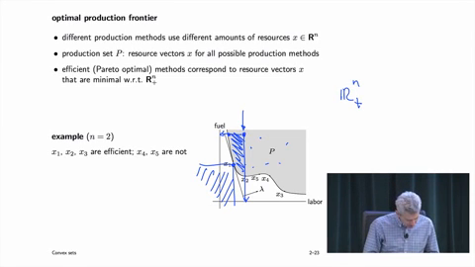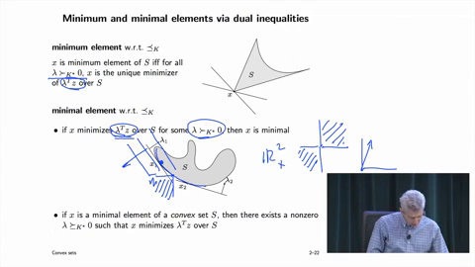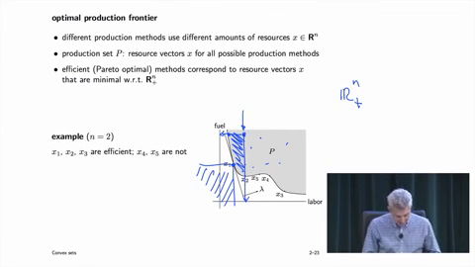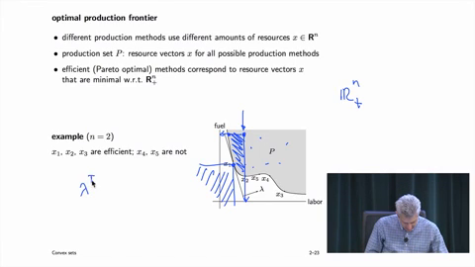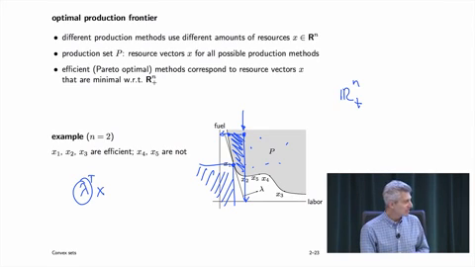Now, our prescription tells us that a way to find a minimal point is to take something that's dual positive and minimize that linear function over the set. So you should minimize lambda transpose x. Here, lambda is a set of positive numbers, and they have a perfect interpretation. These are prices.